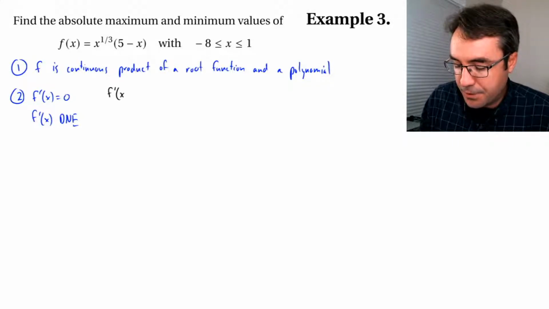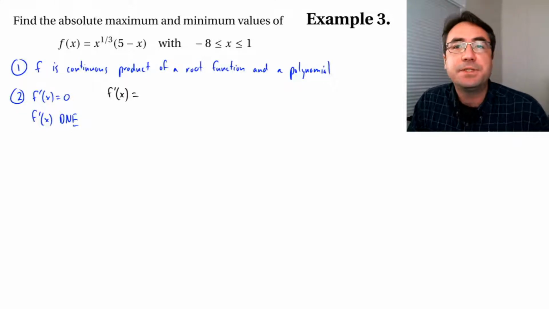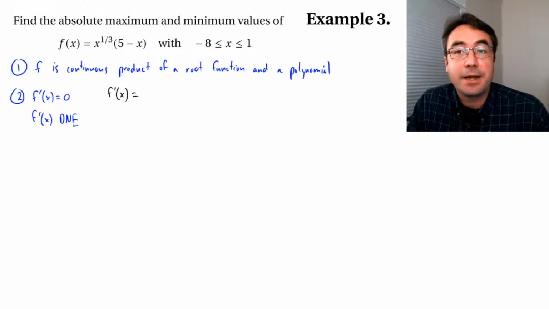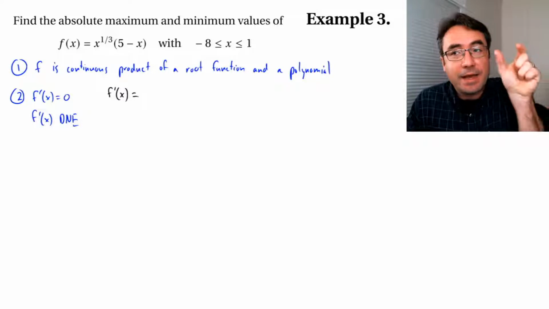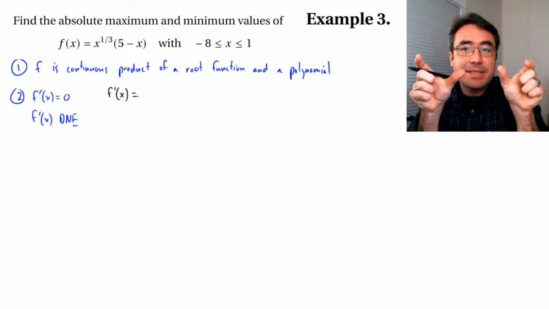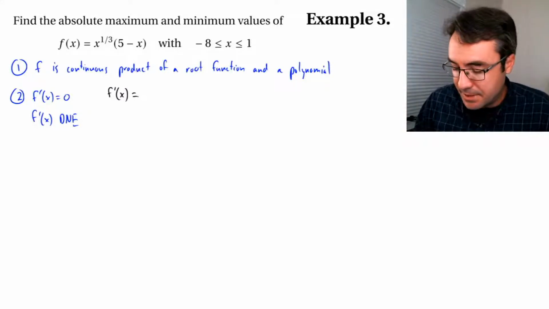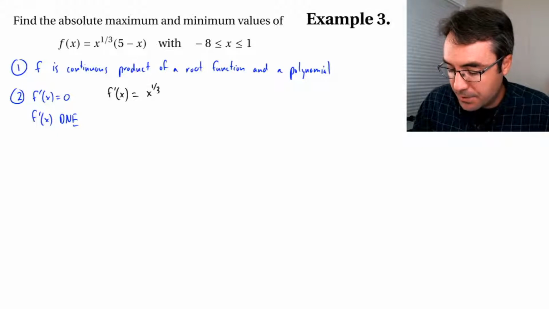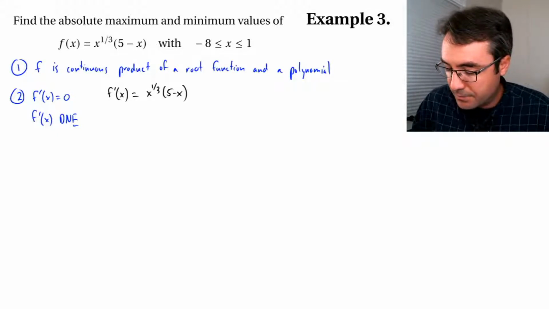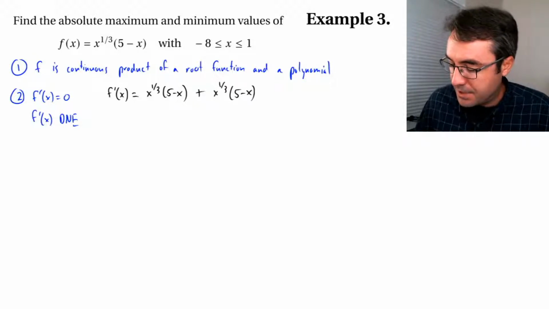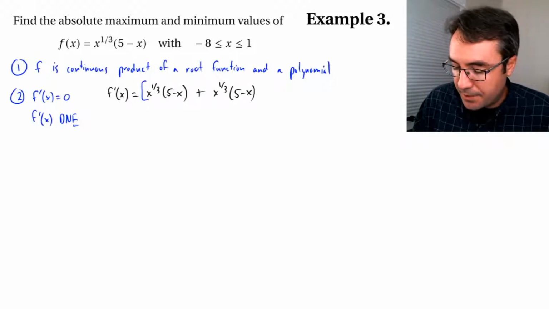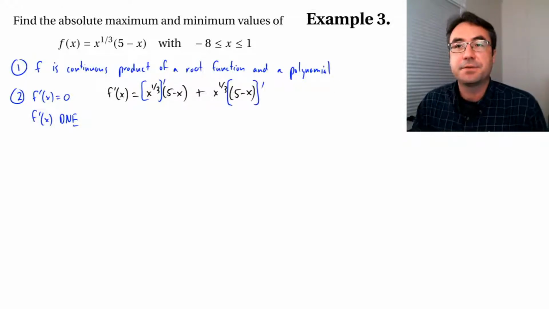We're going to calculate the derivative of this function, and we see that it's a product. We have that cube root times 5 minus x. It's a product, so we've got to use the product rule. We write down 2 copies of our function, put a plus sign in the middle, and then apply the derivative to the first function, and apply the derivative to the second function.